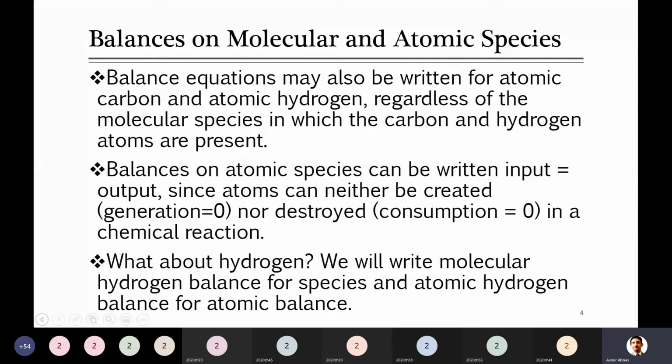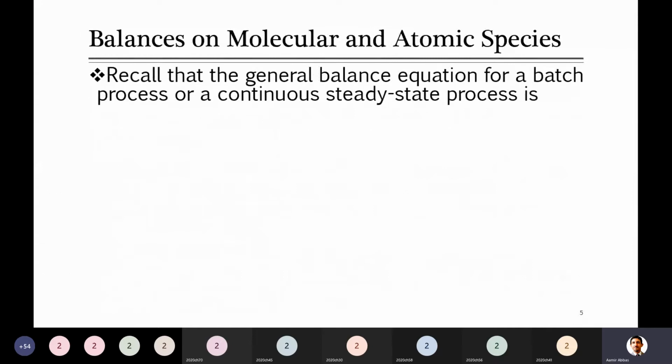Just take care of this, because sometimes students make mistakes and get confused on hydrogen. H2 is for molecular species, because you can see it is H2. Hydrogen means there are two atoms making a molecule, and the other H is just simple H you can write.